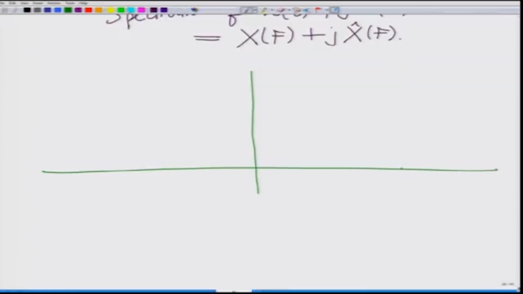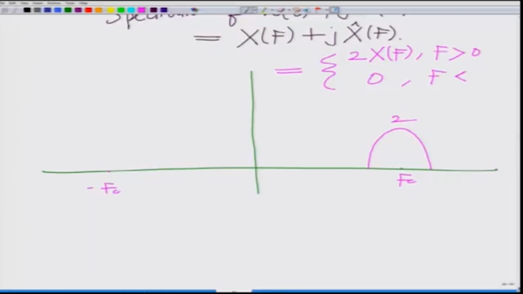Now, when you add these, the positive band at f c is scaled by a factor of 2, and the negative band is simply scaled by a factor of 0. So basically you will have nothing there. This is equal to twice X(f) for f greater than 0, and 0 for f less than 0.